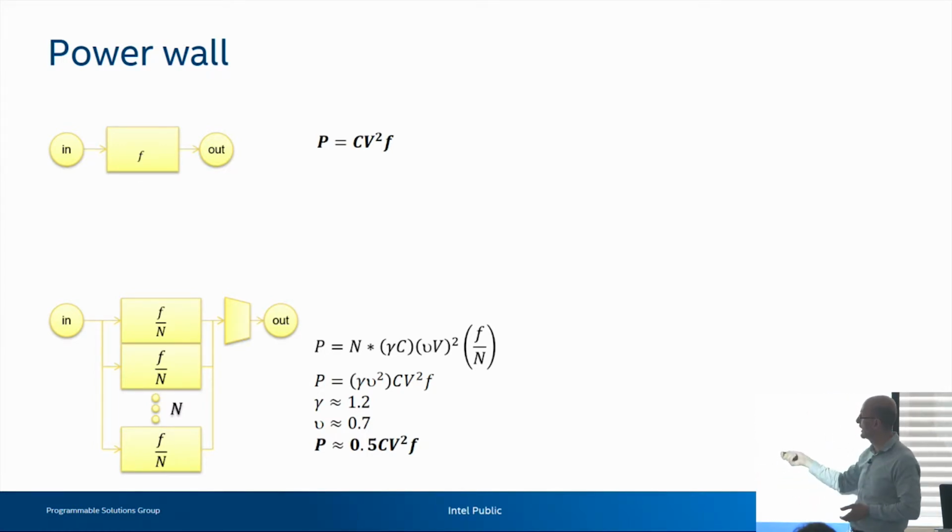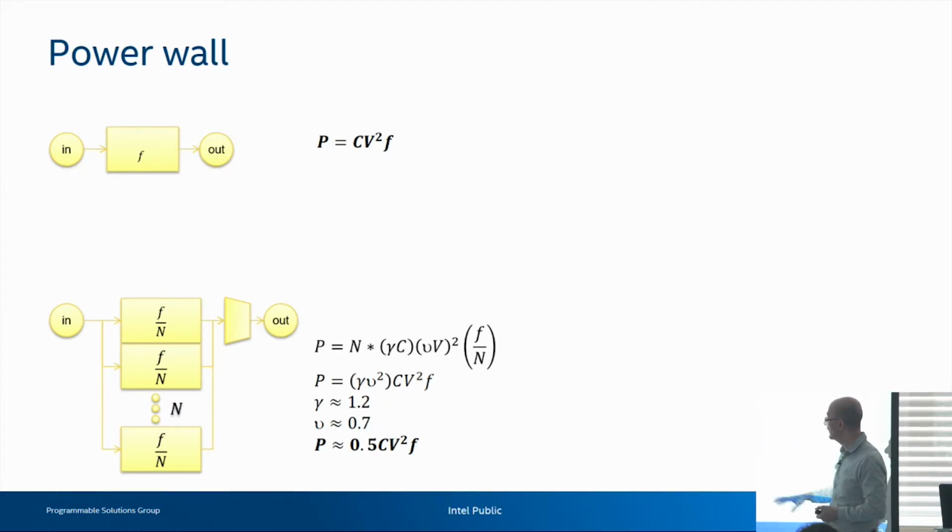If you wanted to do the same job in this parallel system around the same time frame, instead of running the whole job with the clock frequency of f, you could actually run individual parallel jobs with f over n, where n is the amount of parallelism you explored in here. So you basically have a different formula to represent the overall dynamic power that comes out of the system.